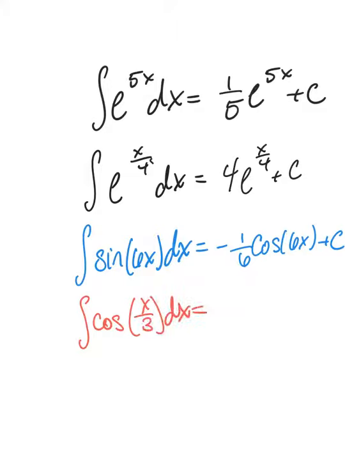Same thing. I know the antiderivative of cosine is sine of x over 3. But how do I undo the over 3? I multiply by 3. That's how you undo dividing by 3. So hopefully that clears that up. And it should help with some of the homework questions we got.